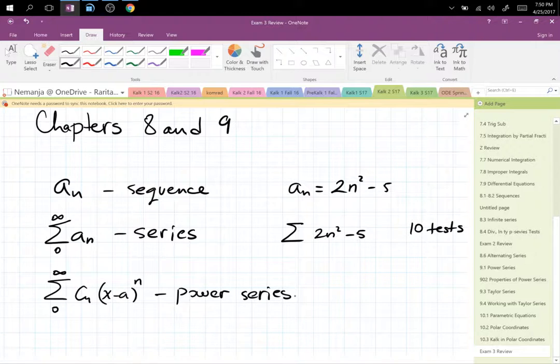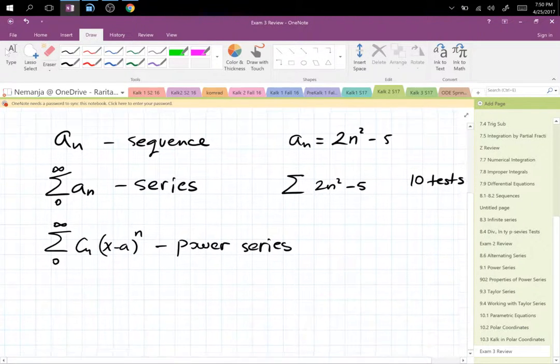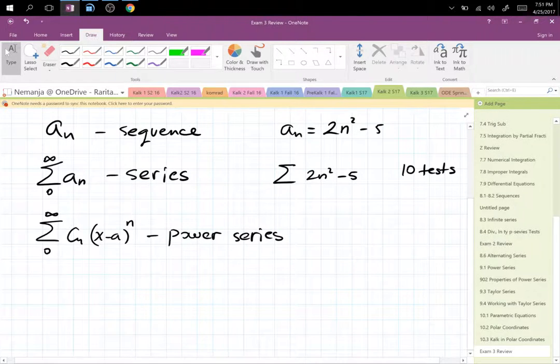Power series are there to approximate our functions, to change functions into polynomials for ease of calculation or doing calculus, if you can't do it otherwise. So you have to be careful where you're going to do this.